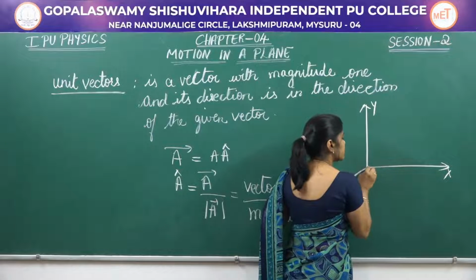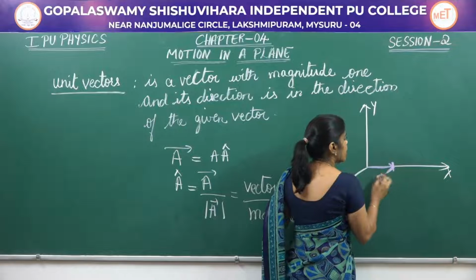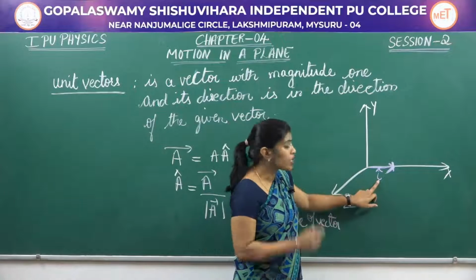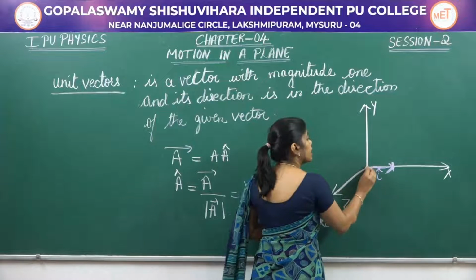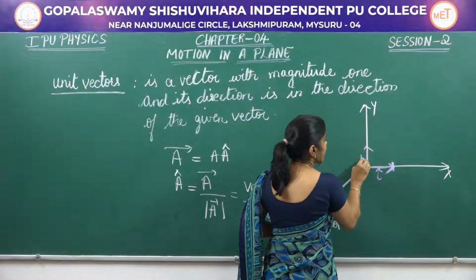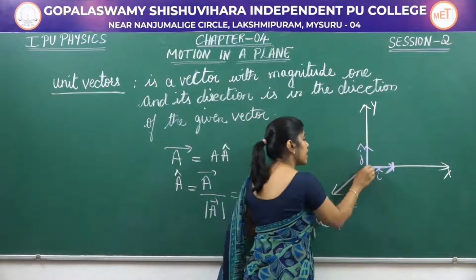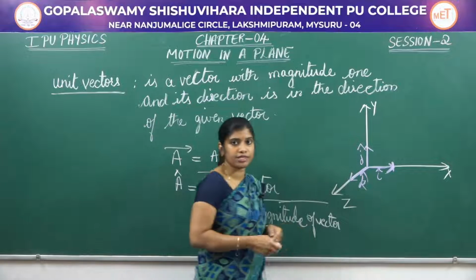Now if I say this is 1 unit, then this will be i cap. That is, i cap is the unit vector along x-axis, j cap is the unit vector along y-axis and k cap is the unit vector along z-axis.